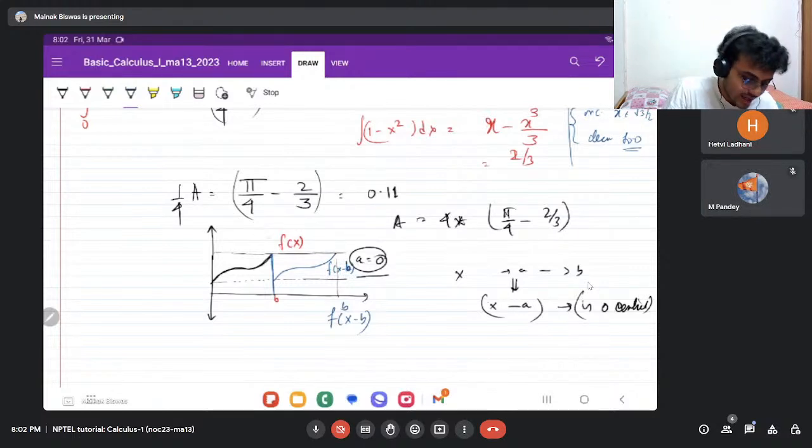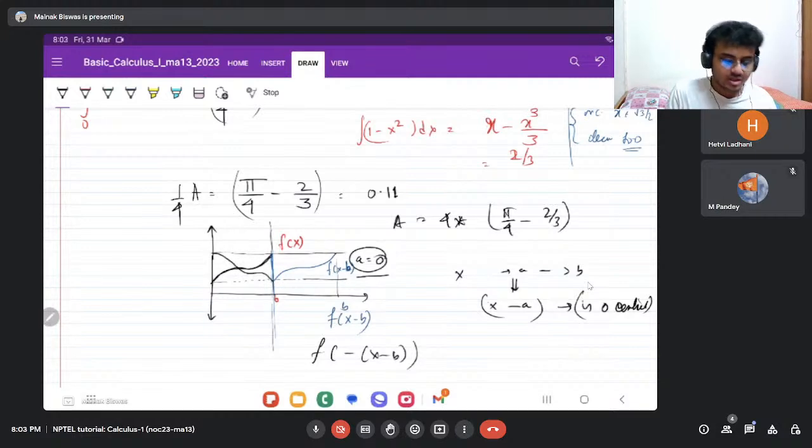Now this is your new axis. This is what we had defined. We had seen it in plotting curves. Now, what is f of minus x minus b? It will be a reflection over your y-axis, right? See. Agreed? Yes, sir. So this is your f of b minus x. So what is it giving you?